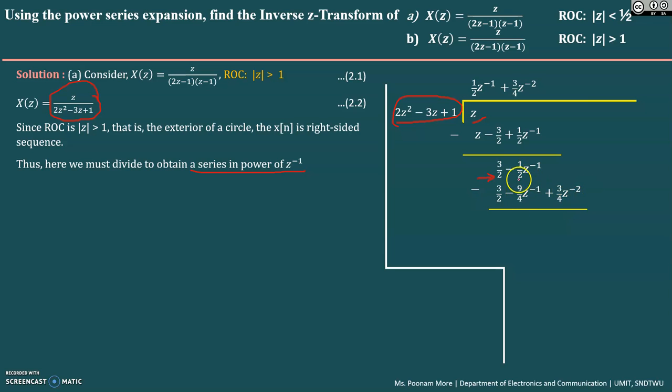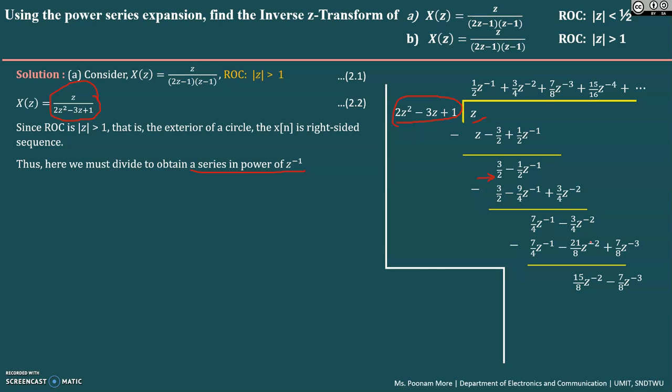Next we will perform the subtraction between these two equations, and as a result we will get 7 by 4 into z raised to minus 1 minus 3 by 4 into z raised to minus 2.